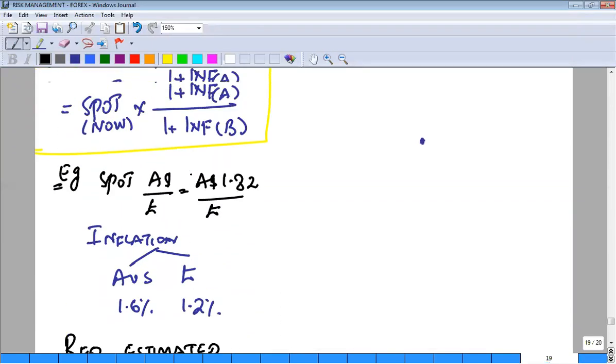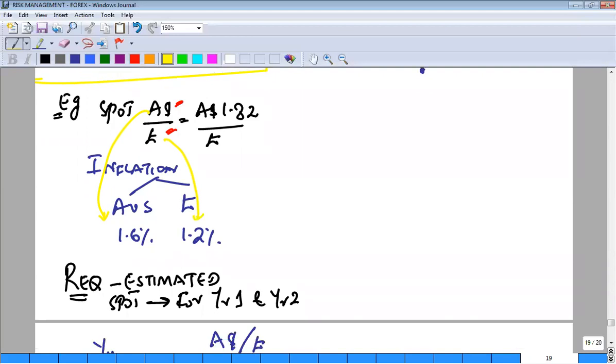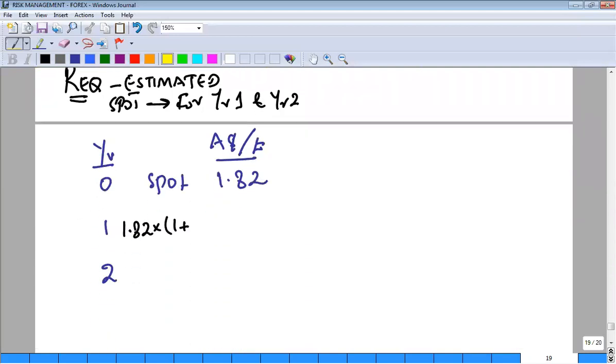The question is how to adjust the inflation in the numerator and denominator; it depends on how the rate is given. No direct and indirect. Simple. What is the denominator in the rate? What is the numerator in the rate? If the denominator is Australian dollar, plot it accordingly. Sterling denominated, plot it accordingly. 1.6%, 1.2%.